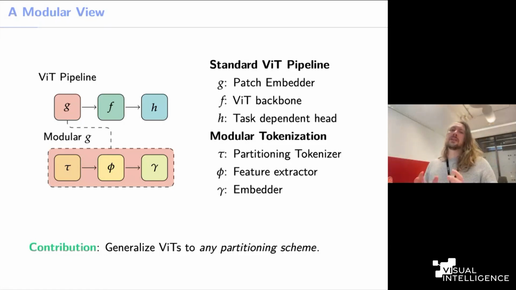The way that we think about it is that this patch embedder can be extended to three components: a tokenization part that does the partitioning, a feature extractor phi that extracts features from these patches, and then an embedder module that embeds these patches and adds the positional encoding. By modularizing this tokenization process, we can generalize the ViT architecture to work with any type of partitioning scheme. And that's one of the things that we believe is a strong contribution of our first paper.